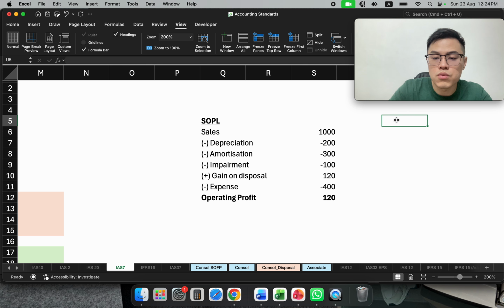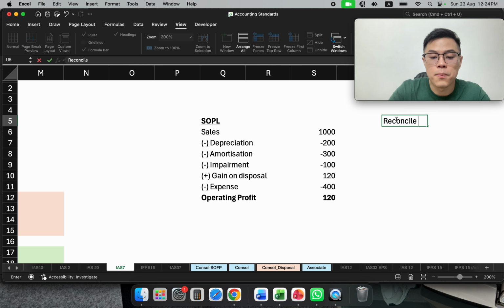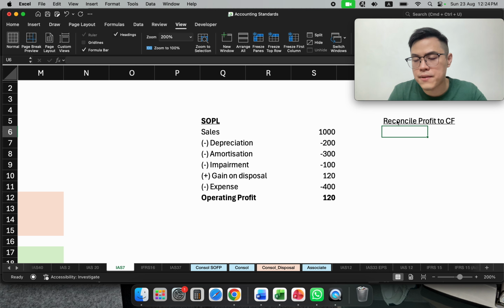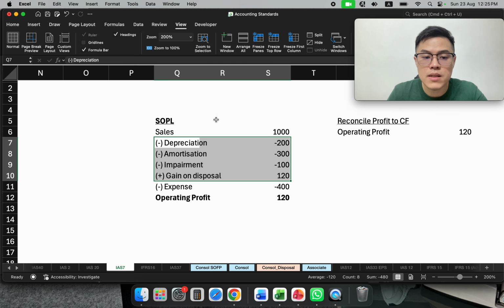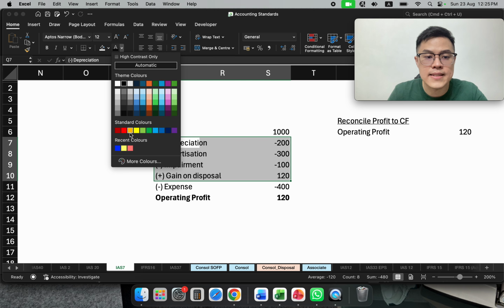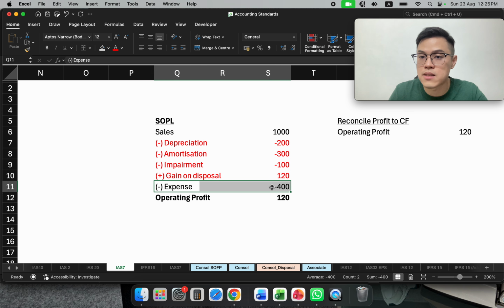In order to reconcile your profit to cash flow under IAS 7, when we are using the indirect method, we will start off with our operating profit 120, and you know that all these items are non-cash items except for normal expenses.